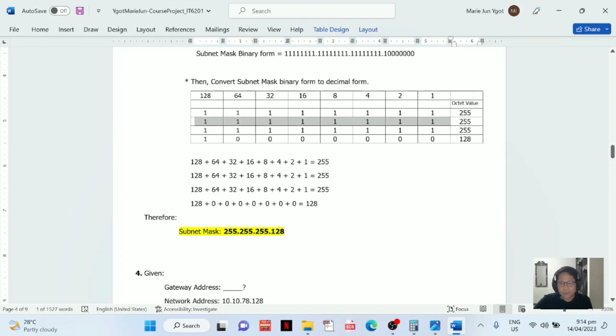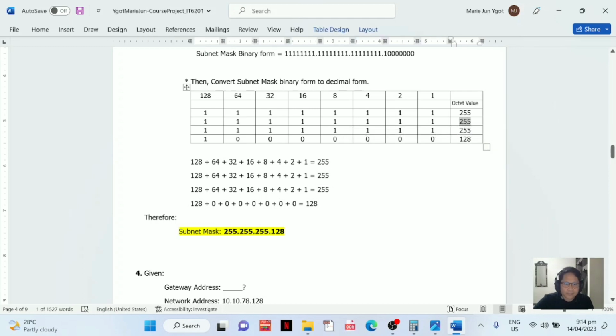We add the same values, just like the first, and we get 255. So our second octet is 255.